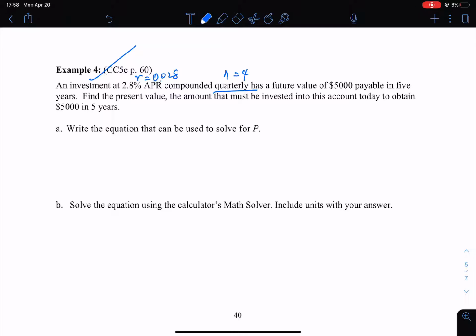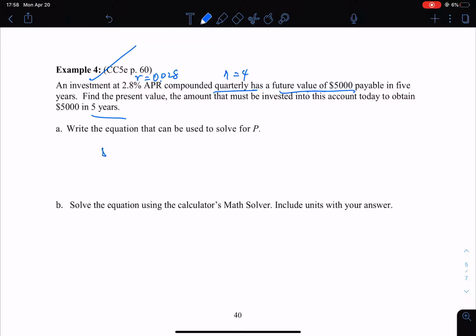This is a different question. We know that 5 years later, our investment will be $5,000, and the question is asking what the investment is now. What is your initial, original investment?